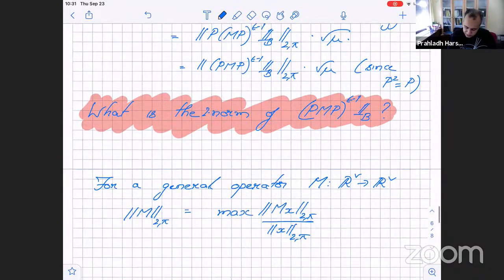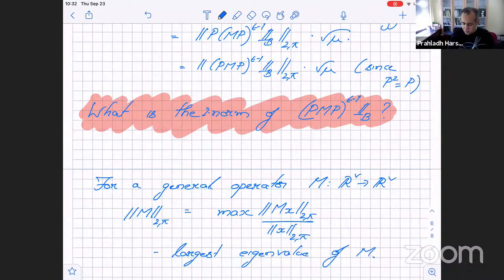Notice this, if you're familiar, is the largest eigenvalue of M, if eigenvalues exist.